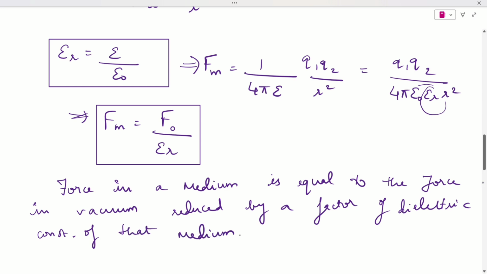So we can observe that my force in vacuum is going to be greater than my force in the medium, because the force in the medium is getting reduced by a factor of dielectric constant of that medium, right?